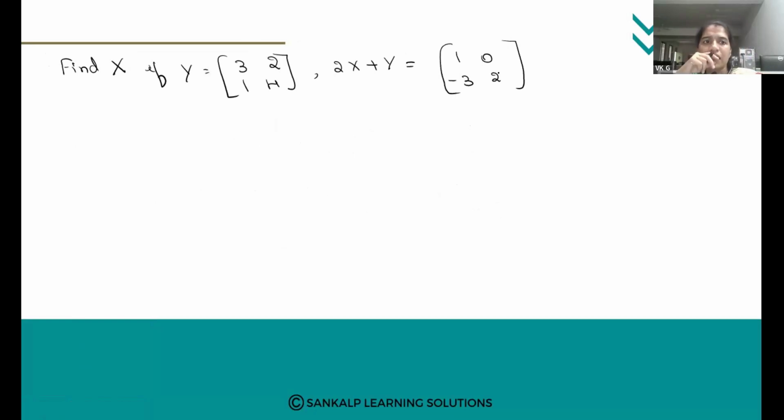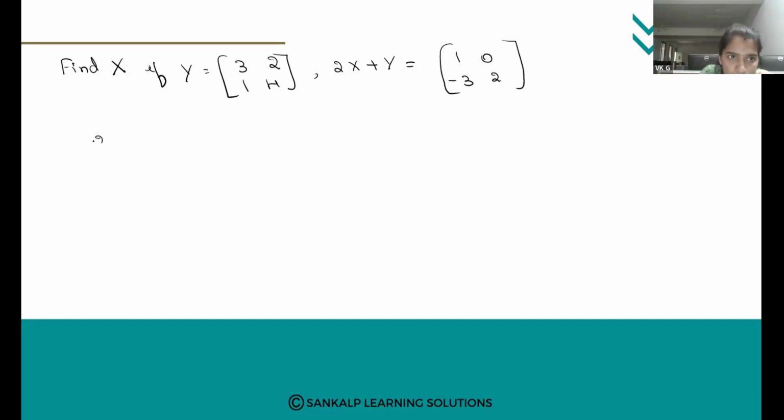How to do it? The question asks us to identify x. Already y is given. Make use of that.